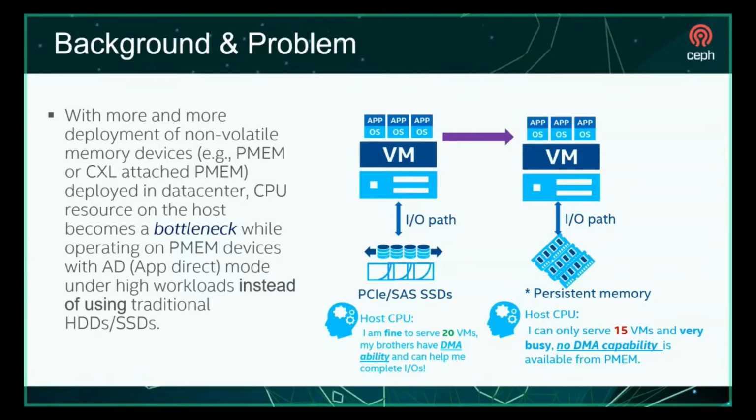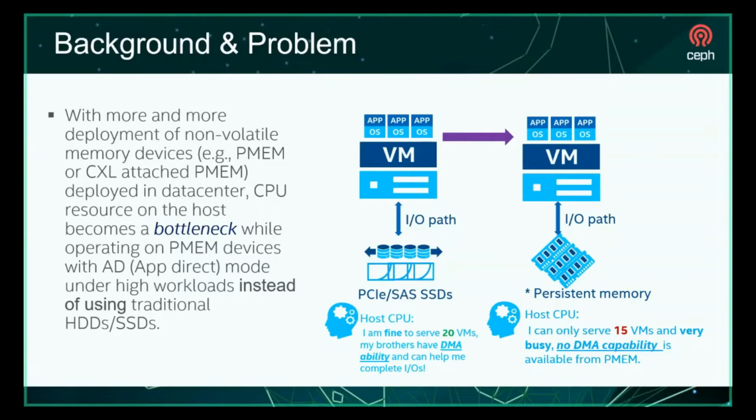For example, I can use the diagram in the right part as the example. You can see in the left part, it is a hyper-converged infrastructure. It means that computing resources and the storage resources are deployed together. So you can see that when the system is attached with the PCIe SSDs, when we run Ceph, the host CPU says, I'm fine to serve 20 virtual machines.